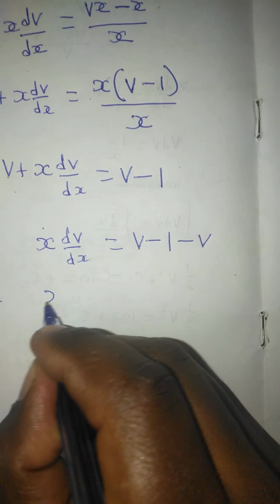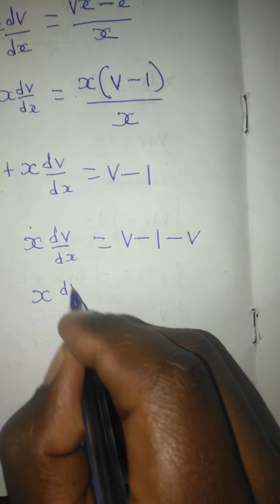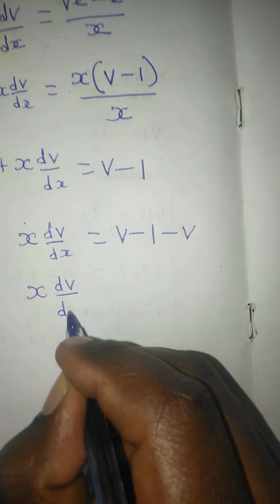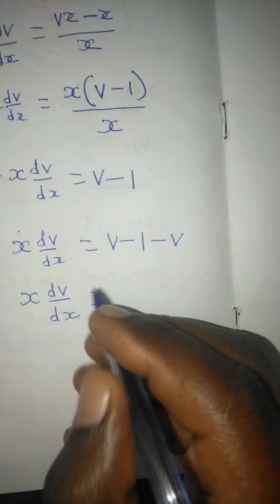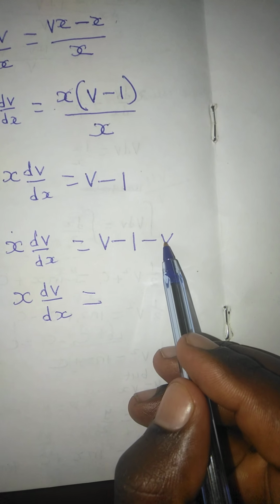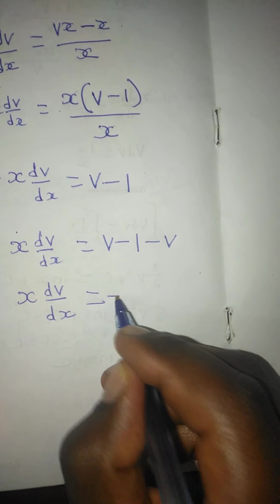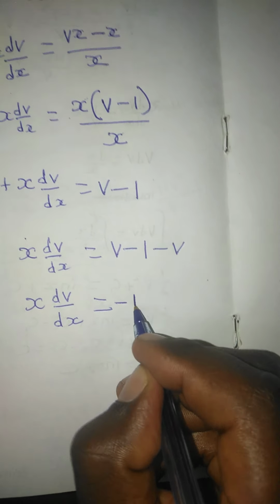So the answer will be x dv over dx is equal to v minus v is 0, so we shall remain with minus 1.